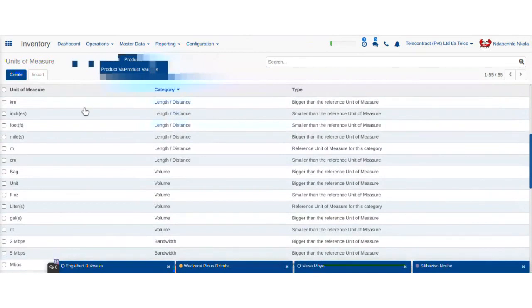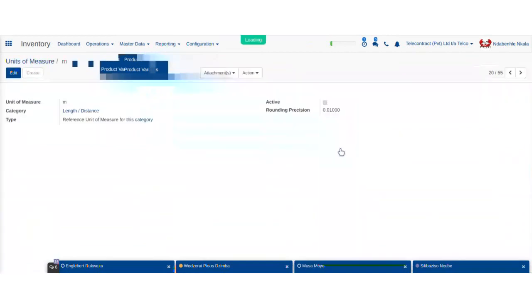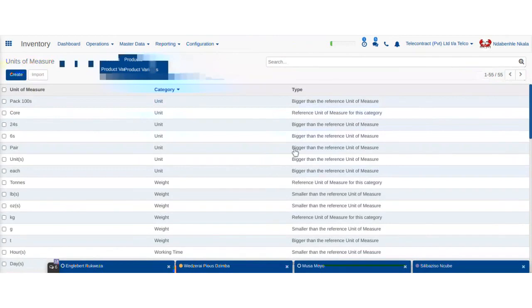In the length and distance category, we've got kilometers, inches, foot, miles, meters, centimeters. These are all in that category of length and distance. Can you see where it says type? In particular, it says reference unit of measure for this category. So a meter becomes the base for everything else around this category. It is the reference unit for everything else in the category.